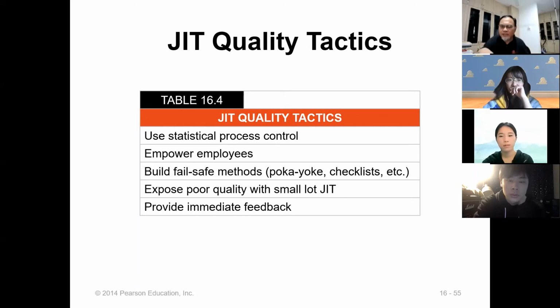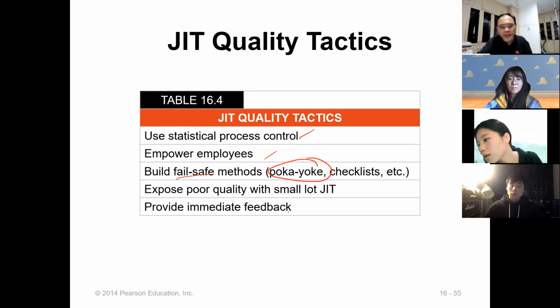Excellent organizations with lean processes will use SPC. They empower employees, and employees will give ideas for improvement. Poka-yoke, which is fail safe. And then expose poor quality with small JIT lots and provide immediate feedback for quality. Basically, you have a good quality management system in place.